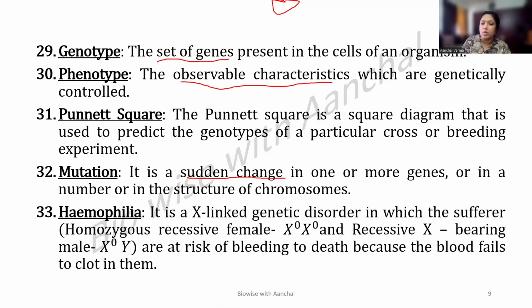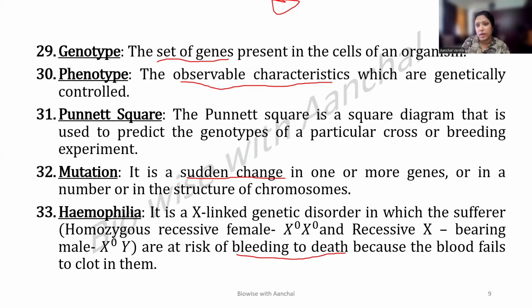Next disease is hemophilia. Hemophilia is an X-linked genetic disorder in which the sufferers are at risk of bleeding to death. This is very important. What happens in hemophilia? Bleeding to death because the blood fails to clot. Generally, males are more prone to X-linked disorders because they have only one X chromosome.